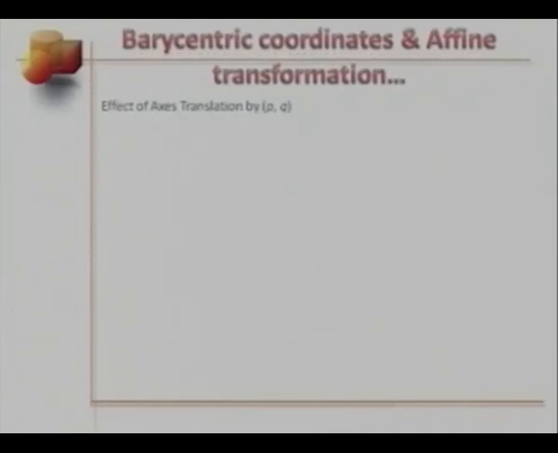Now, let's study the effect of axis translation by a vector PQ. We have the original axis, point A, point B, and point C. Let's translate this axis by vector PQ.